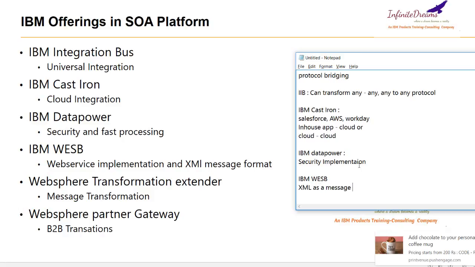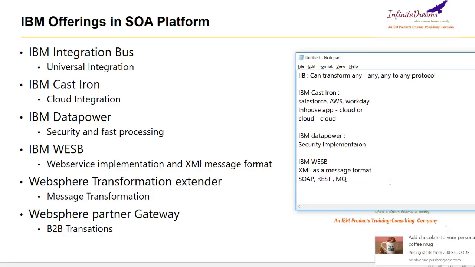As we know, most systems and services use XML as a message format and web service as a protocol. So whenever we have XML as a message format, and we have SOAP or REST or MQ as a protocol, we will prefer IBM WESB.